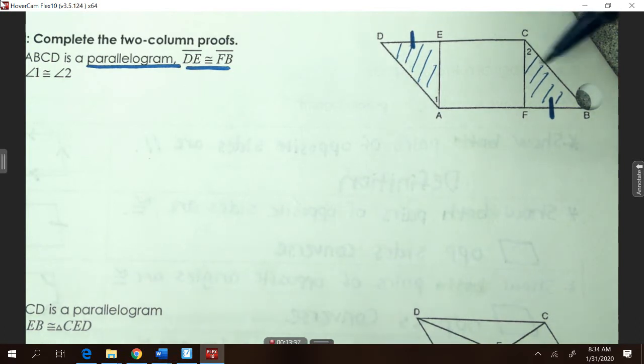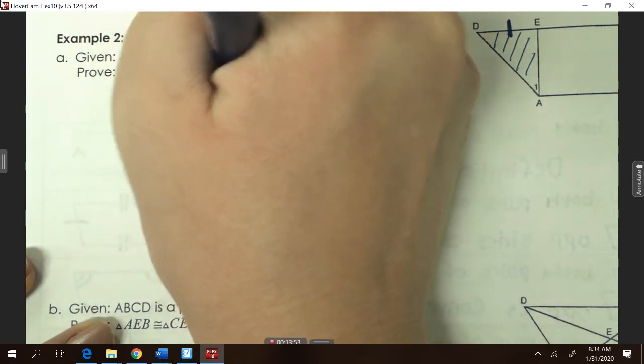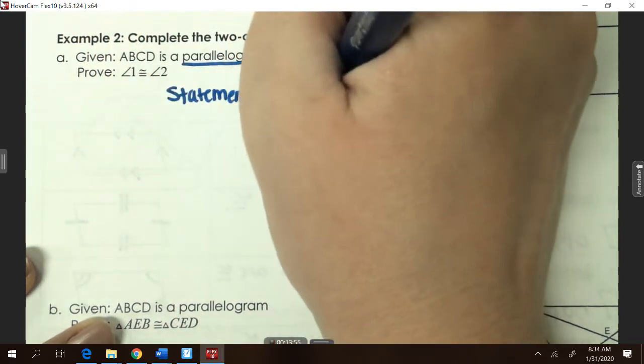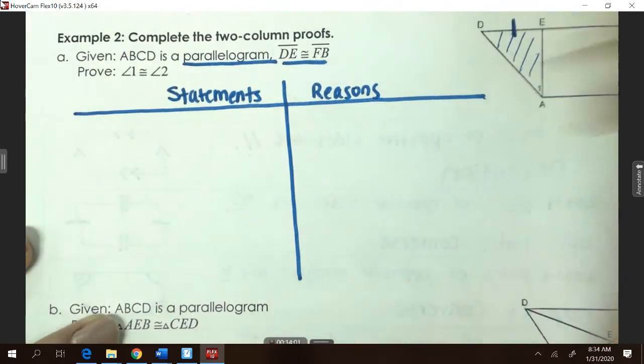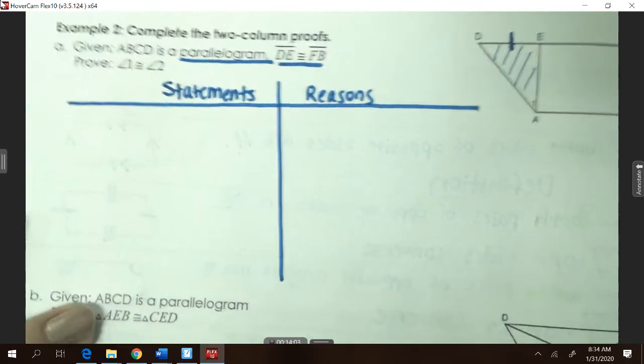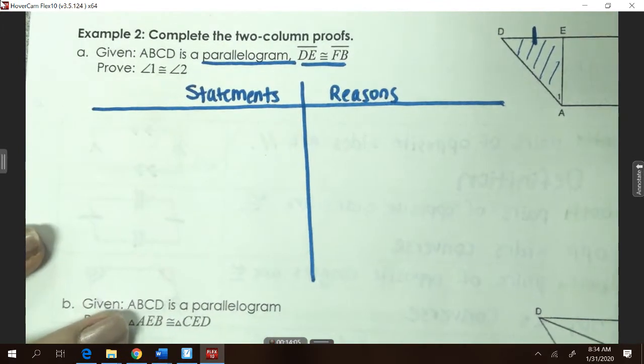So in that vocabulary review, that's why part of the vocab review was reviewing SAS, AAS, HL, all of those triangle congruence properties. Okay, let's go ahead and set up our statements and our reasons. Okay, and what's always my first statement?